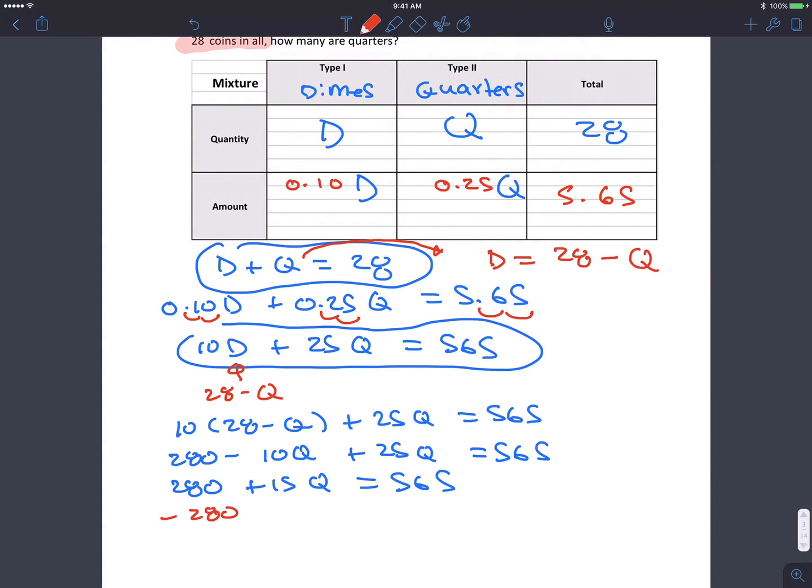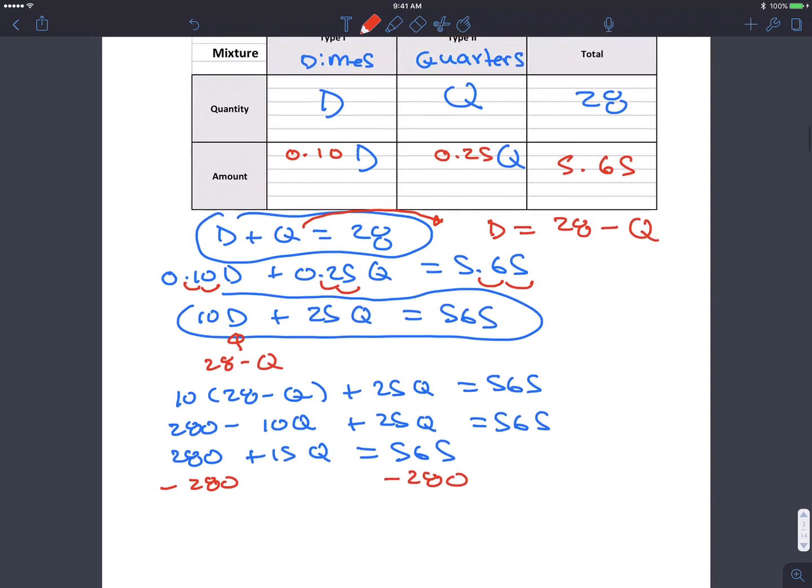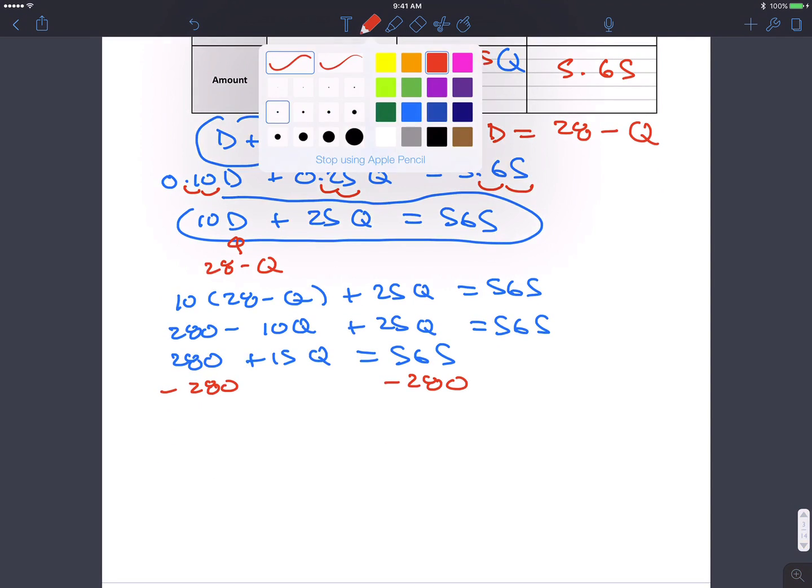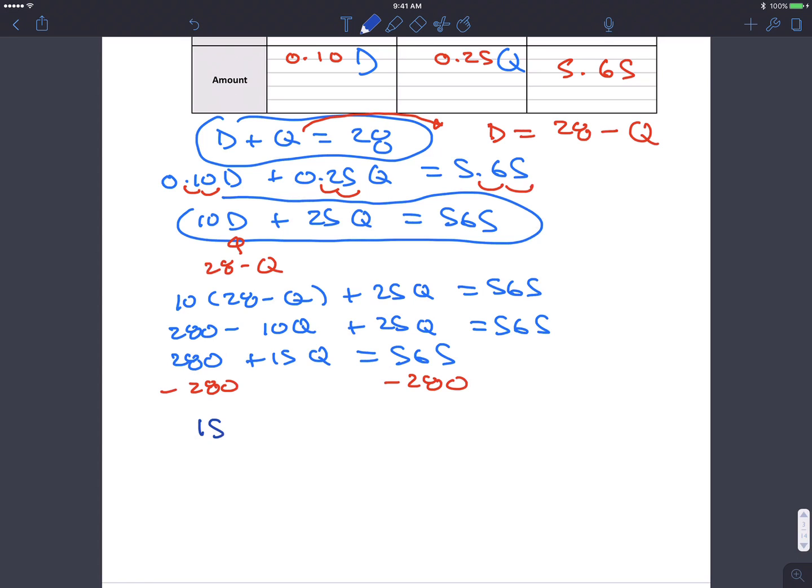Subtract your 280 from both sides. We get 15Q will be 565 minus 280, which is 285.